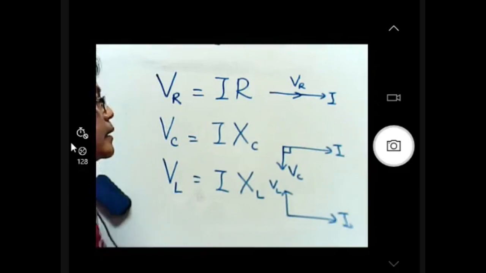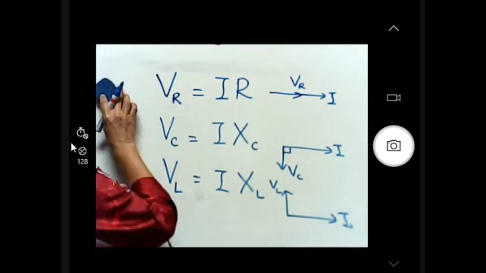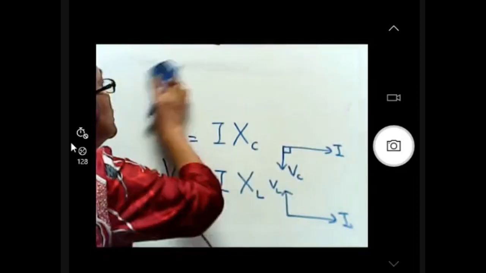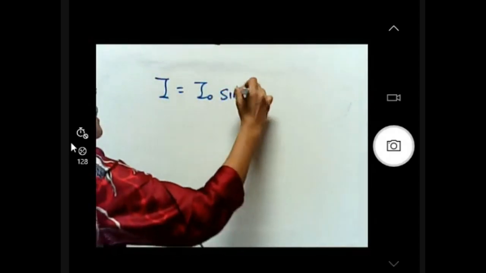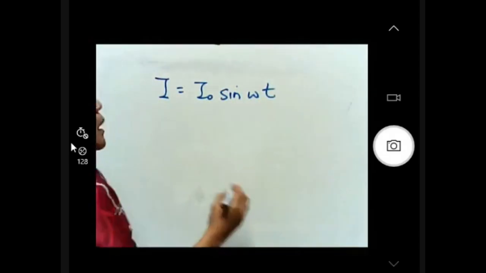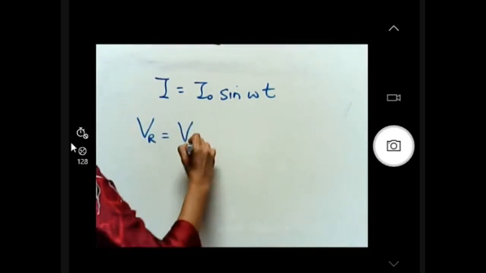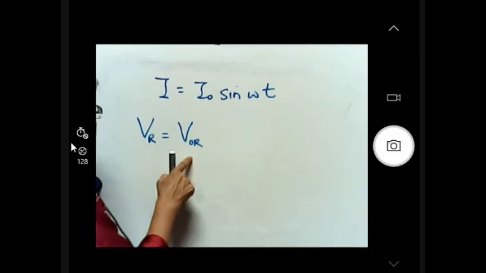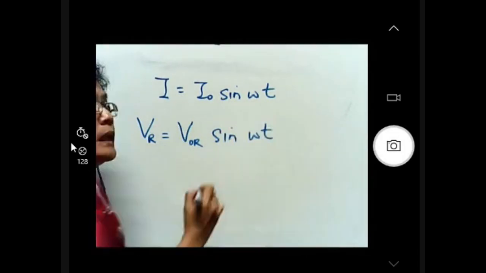Are you okay? Meaning if you want to write in terms of sinusoidal equation, it becomes like this. If you start with I equals I naught sine omega t, then your V across R will be V naught R sine omega t.